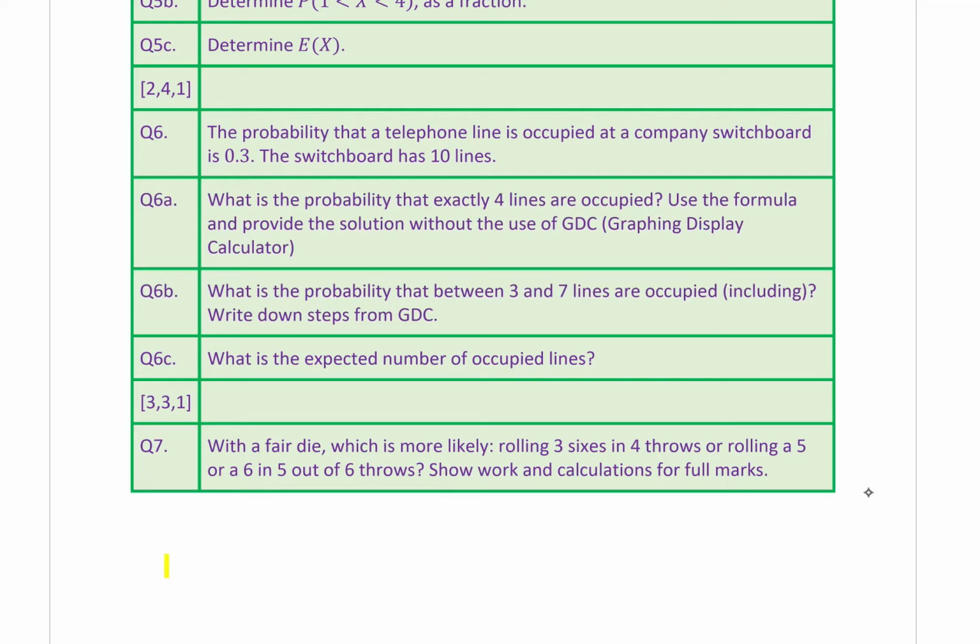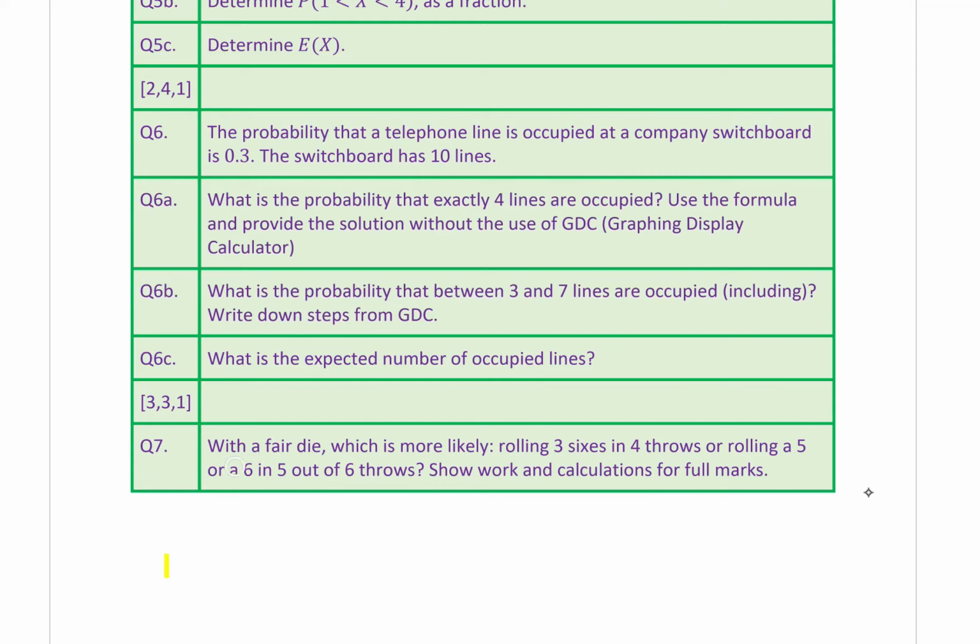Question number 6b. What is the probability that between 3 and 7 lines are occupied, both included? Write down steps from the GDC, the Graphing Display Calculator. Question 6c. What is the expected number of occupied lines? Each is worth 3, 3, and 1 respectively.